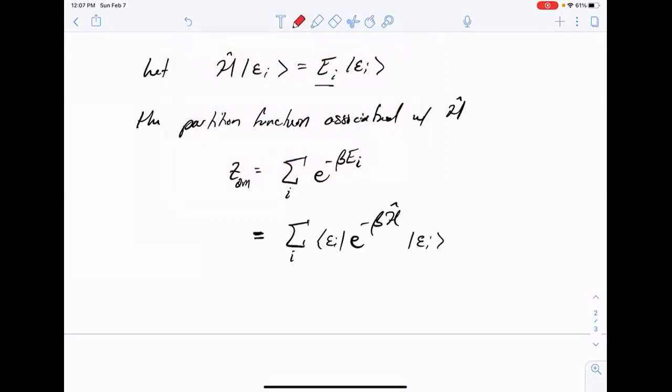Since we've assumed that H is diagonalizable with a set of eigenfunctions epsilon i, e to the minus beta H acting on that eigenfunction gives me back the Boltzmann factor with the corresponding eigenenergy. That is no longer an operator.